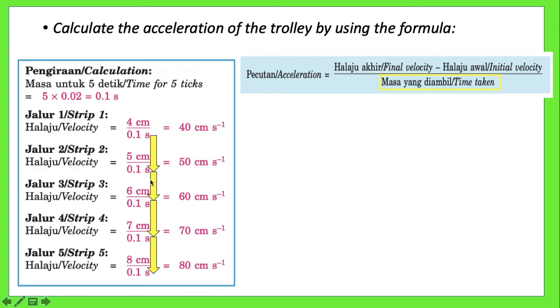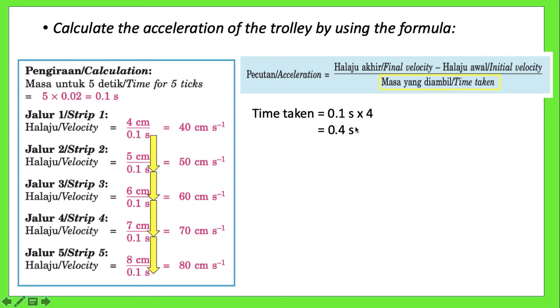Time taken for each strip is 0.1 second. This trolley traveled 4 strips before reaching the 5th strip. Therefore, the time taken is 0.1 second times 4 equals 0.4 second. This is the time taken for the change of velocity from initial to the final velocity.